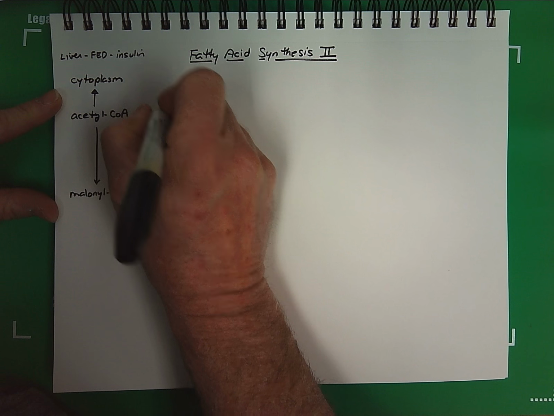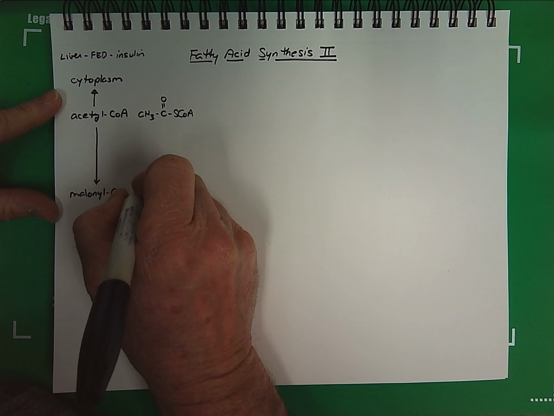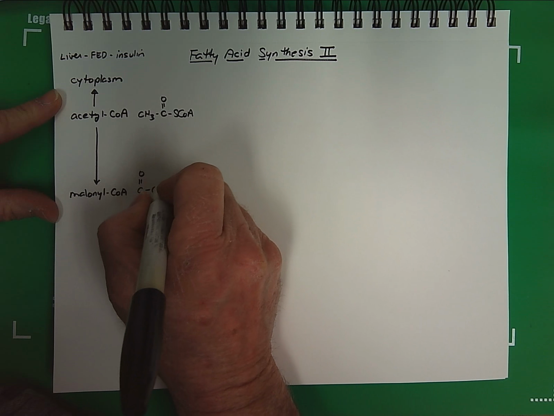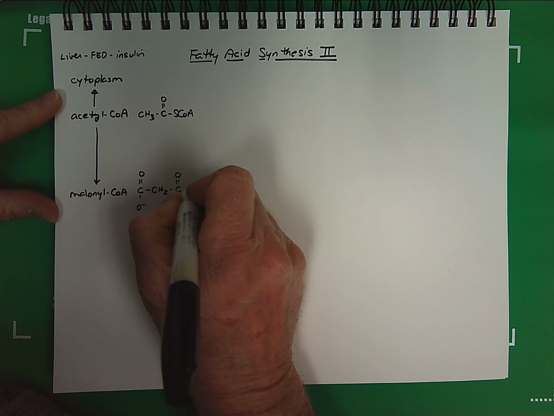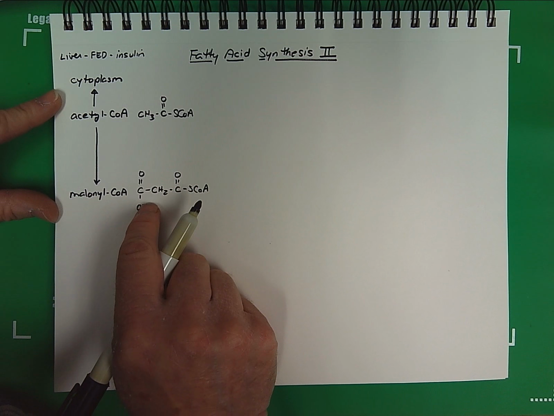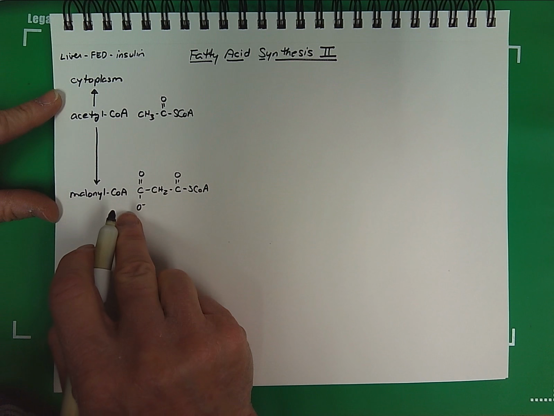Let me draw these structures so you can see what they look like. So what we've essentially done is on the methyl carbon of acetyl-CoA, we have added a carbon dioxide.